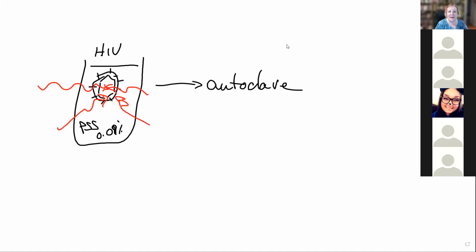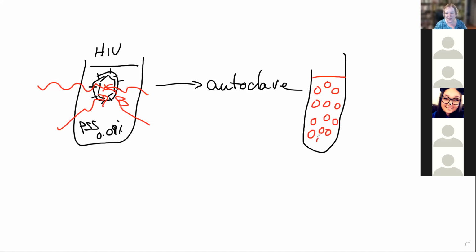Now, let's say instead I have the HIV not in a salt solution where I've just got salt and water, and not even that much salt. Let's say I've got a vial of patient blood. I'm not going to draw the red blood cells in their correct lifesaver shape, but let's say I've got all sorts of red blood cells in here, and I'm not even packing them as close as they would be.